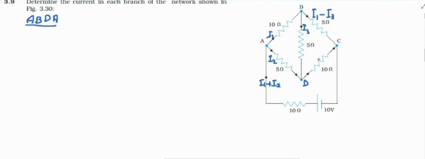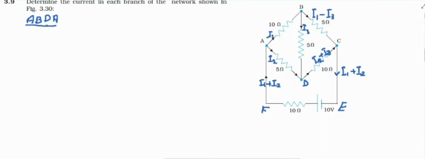The current here in DC becomes I2 plus I3. Finally, these two currents are added so that here again the current becomes I1 plus I2. For convenience, we can give names to this point E and this corner. So that much we have to label in the diagram.